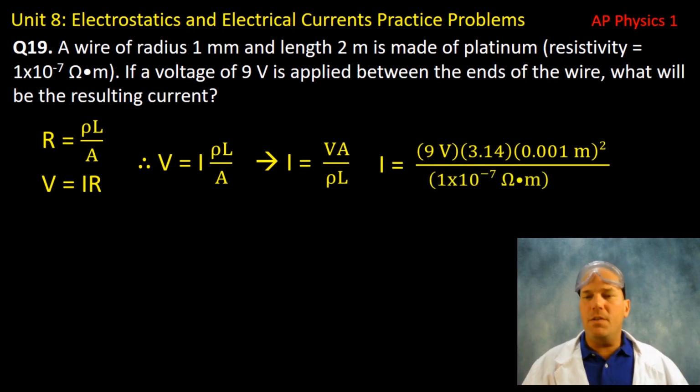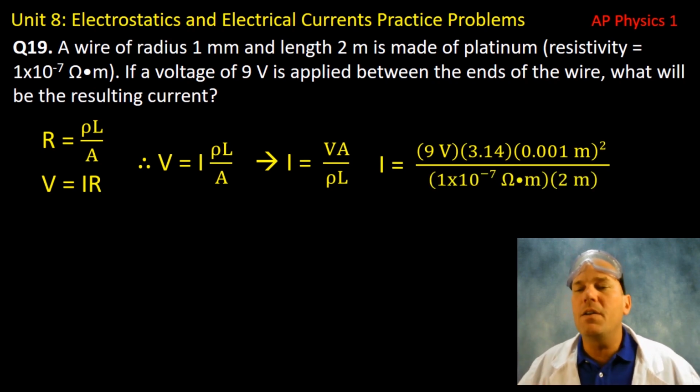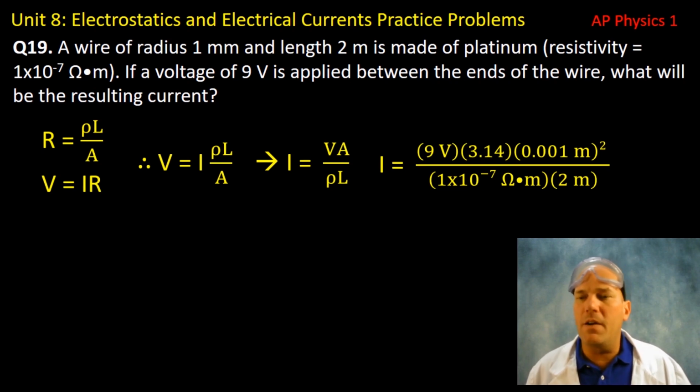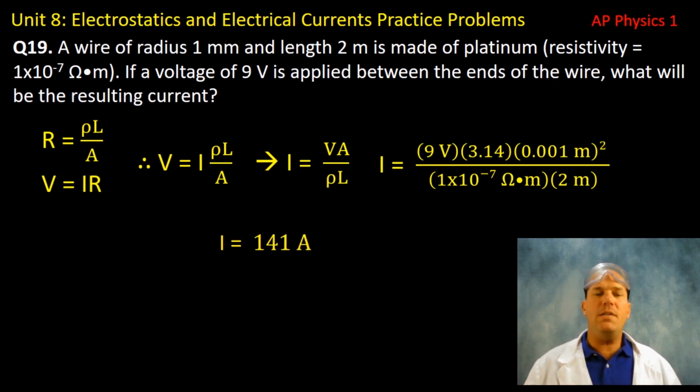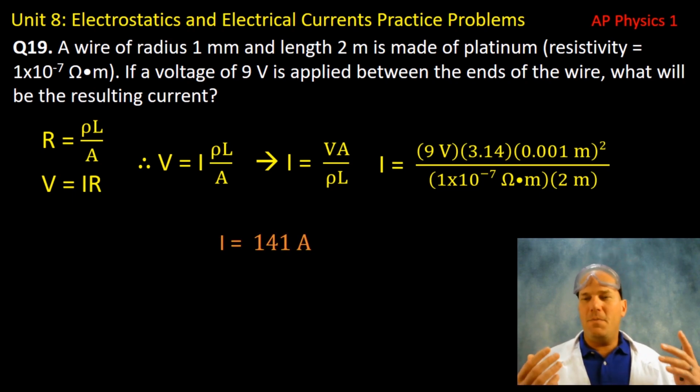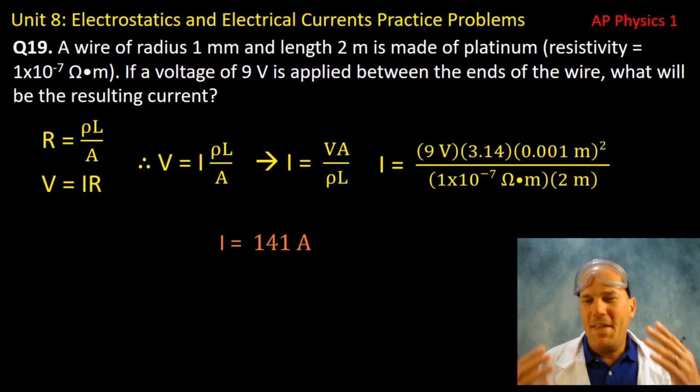Please make sure you're entering everything into your calculator using parentheses. Don't forget that you have that cross-sectional area that is squared, and you should get a current that is equal to 141 amps.